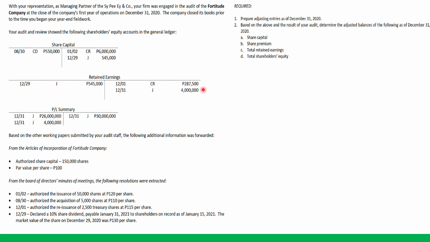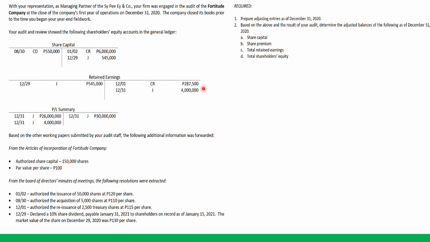Okay? Because class, any gains on share-related transactions are reported in the share premium of our client, not in the income statement or in retained earnings. But losses on share-related transactions, for example, loss on sale or reissuance of treasury shares, or loss on retirement of shares, where should the debit on those losses be? The debit, normally, is to the share premium of the related transaction.